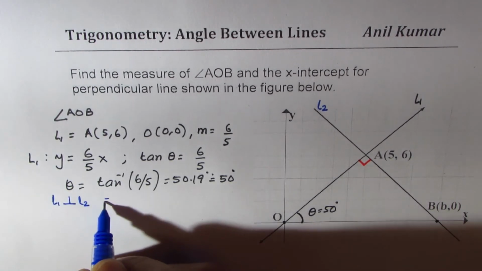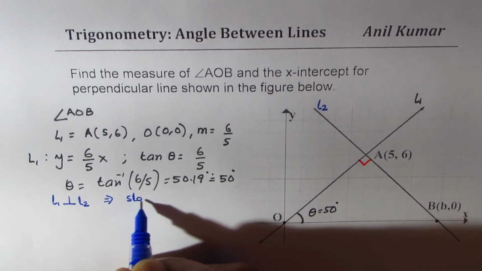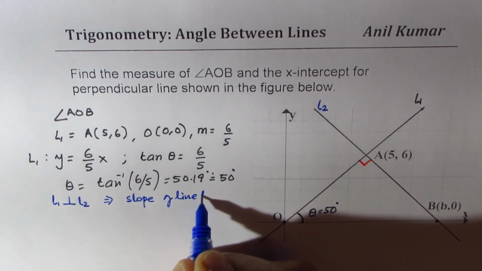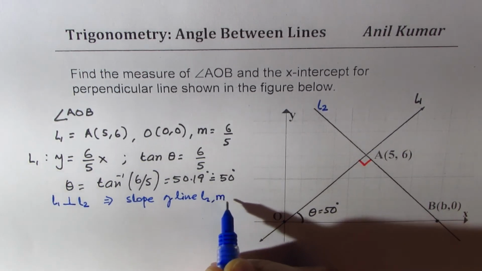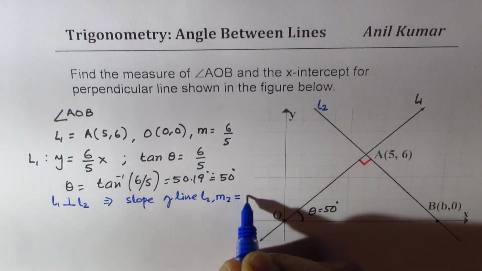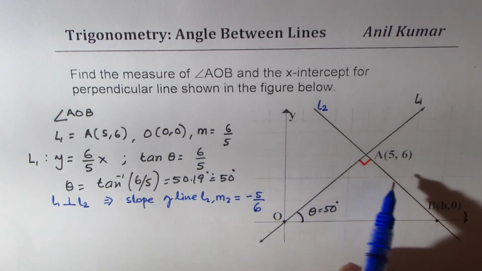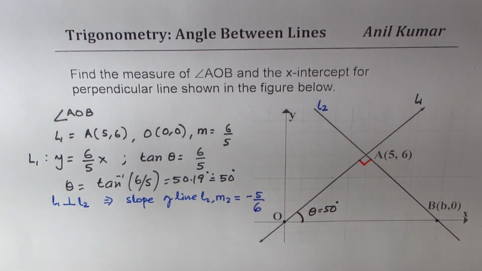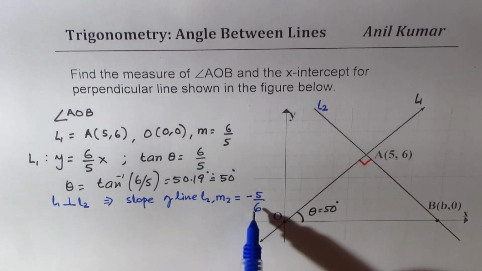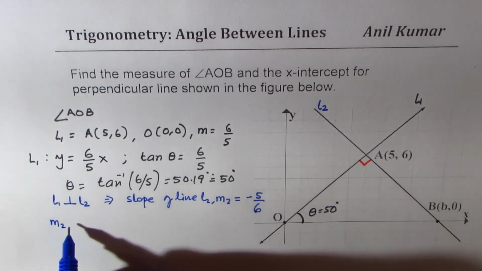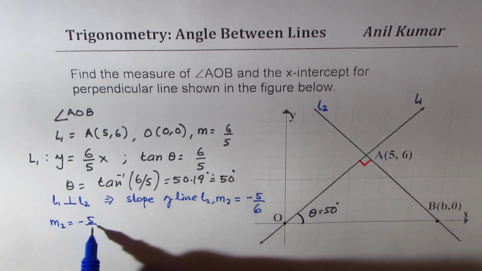So that means that slope of line 2, let's call this m2, will be equal to minus 5 over 6, since slope of the first line is 6 over 5. Correct? Now we can relate slope with the y2 minus y1 equation. So now we know m2 is minus 5 over 6.